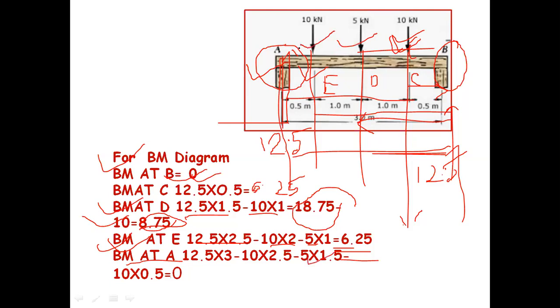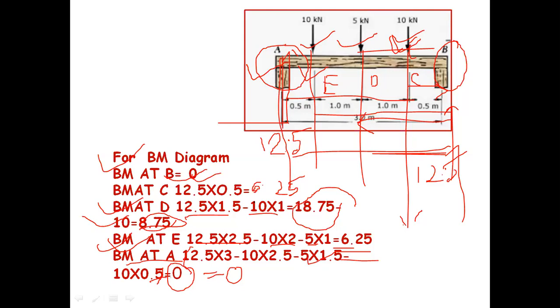Then again 10, how much distance? 0.5. It is a simple calculation. When you calculate this, we get the value of 0. Otherwise you can easily write BM at A must be 0.